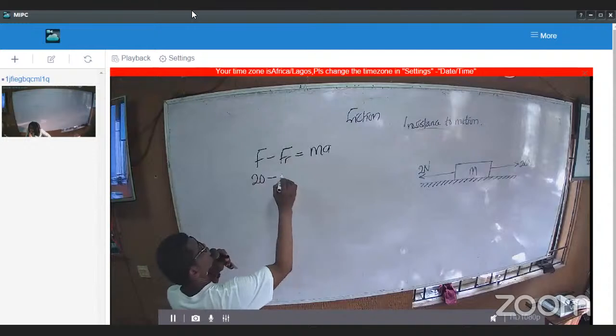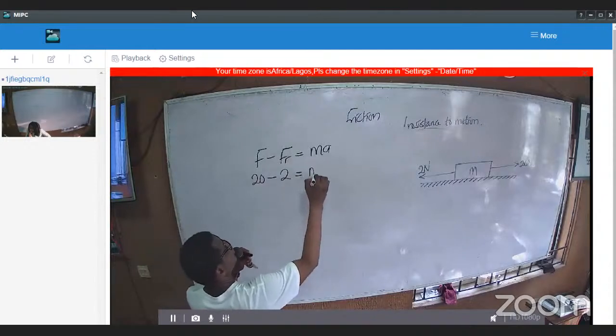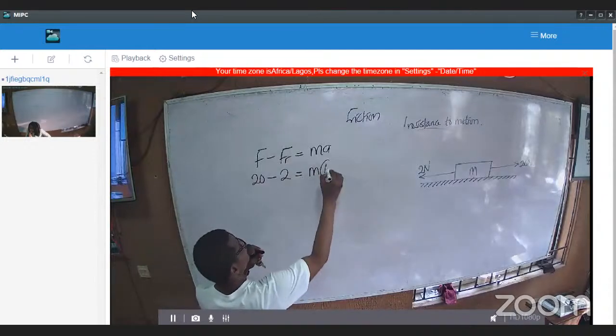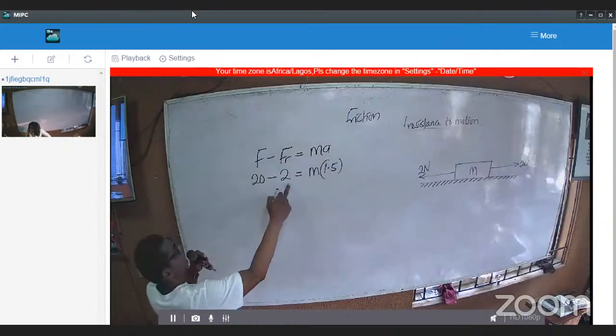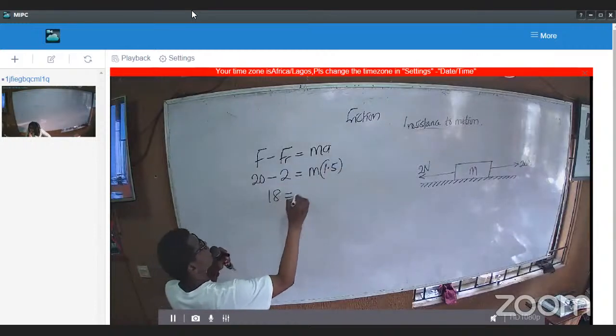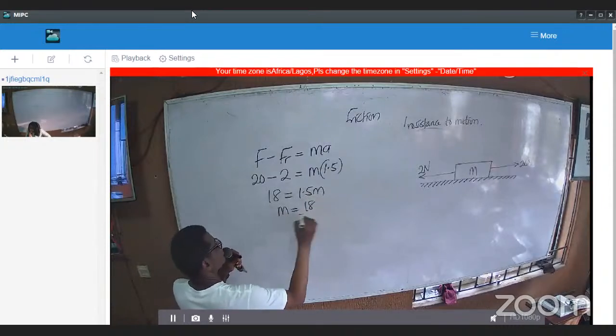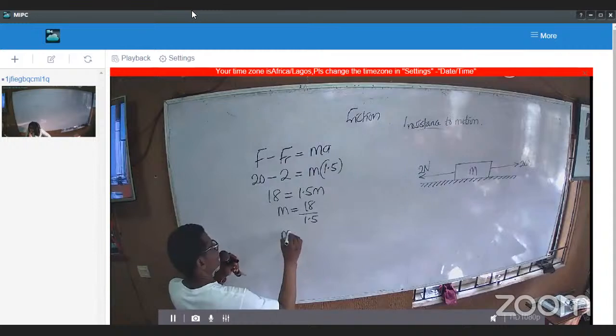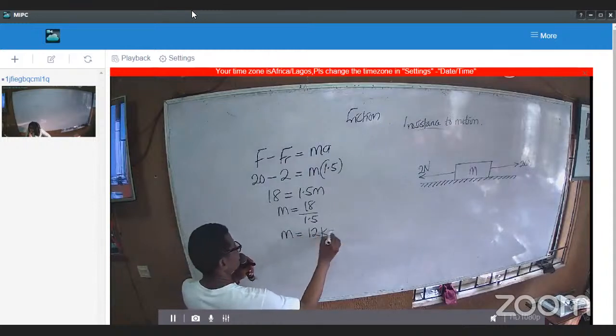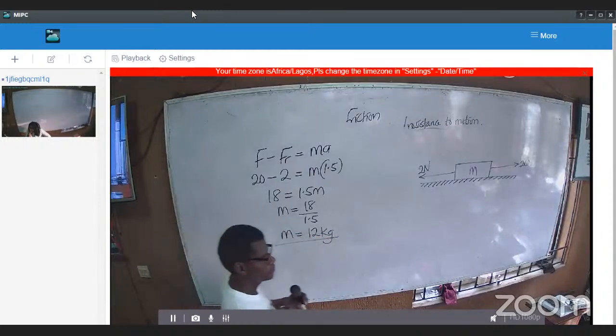What's the frictional force? 2. Mass, we don't know. What's acceleration? 1.5, thank you. What's 20 minus 2? 18 is 1.5 mass. So our mass will now be 18 over 1.5. What do you get? 12 kg. Very easy.